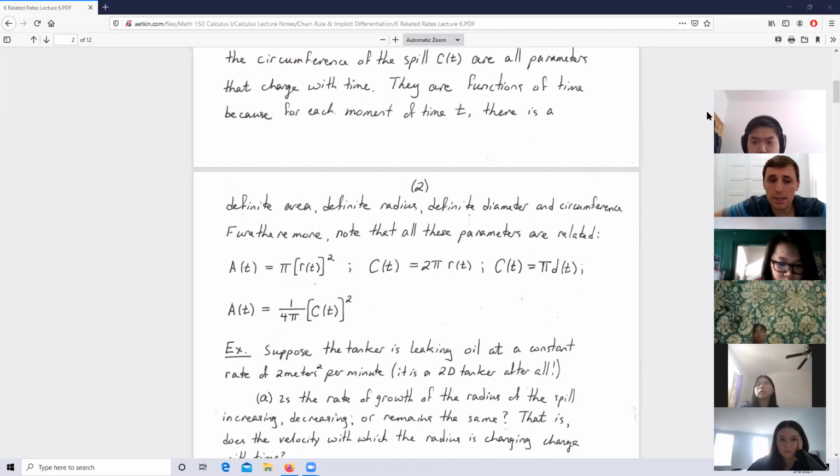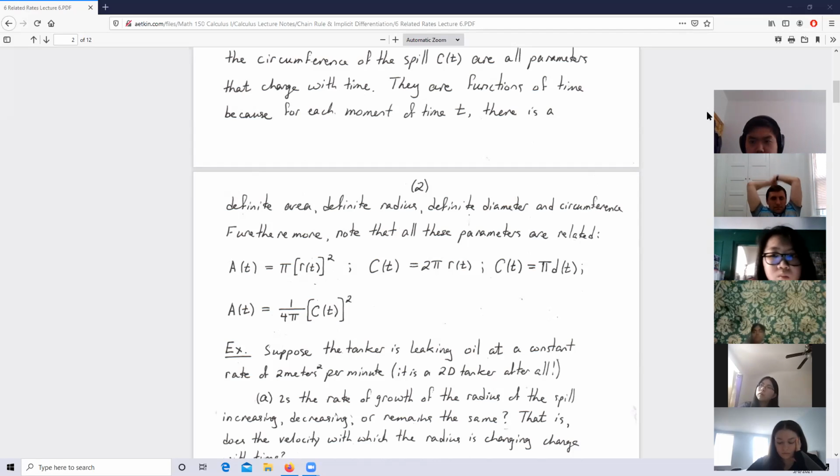My question is this. Is the radius growing at a constant rate? The radius is growing, you agree? Is it growing at a constant rate, or is it speeding up, or is it slowing down? The growth of the radius. So the spot is spreading. Is it going to spread faster? Is it going to spread slower, the radius? What do you think, intuitively?